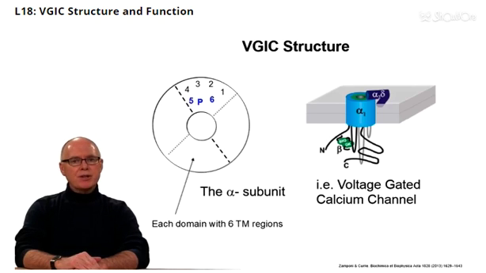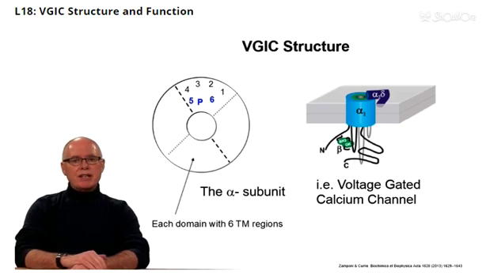The alpha subunit is the main subunit of voltage-gated ion channels, and it's responsible for creating the channel within the membrane. The alpha subunit is quite large, and it can be modulated by the different ancillary subunits that interact with it. For example, ancillary subunits within the voltage-gated calcium channel include the alpha-2 delta, the beta, and, depending on the location of the channel, the gamma subunit.